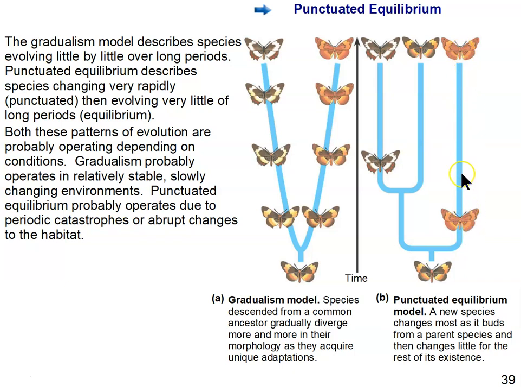Notice that this species here isn't changing over this long period of time. It changes very rapidly when it first comes into being, but then it doesn't change at all for a very long period of time. And so it's in equilibrium. That's the equilibrium part of punctuated equilibrium. So again, depending on conditions, probably both of these are ways that species come into being, speciation.